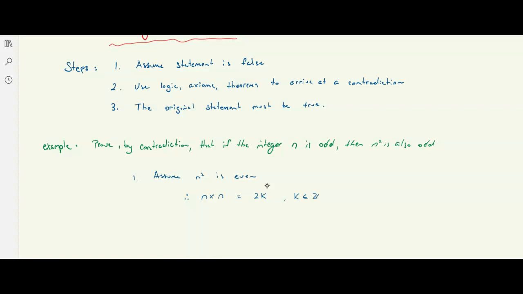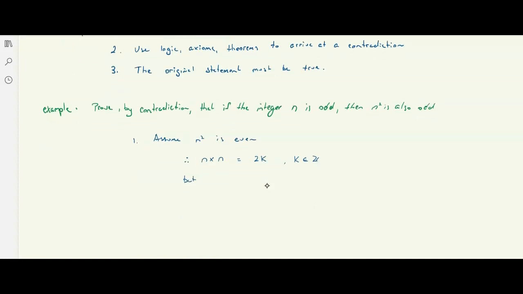But we know that n is an odd number, so we say, but since n is odd, n times n is also odd. So it's broken down. We can't get n times n to equal 2k. It's broken down already. So we are already there at a contradiction. So therefore, n squared must be odd. And there's our proof.